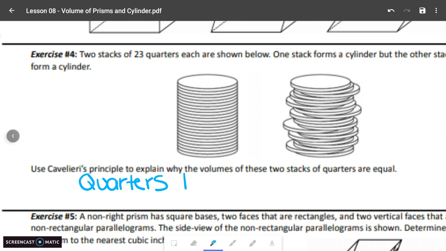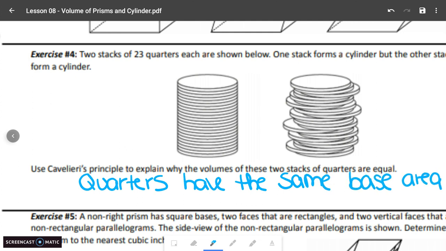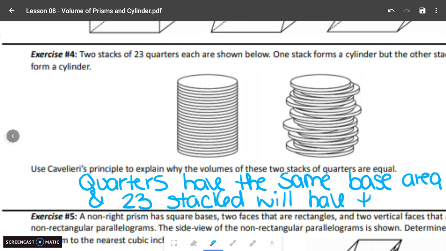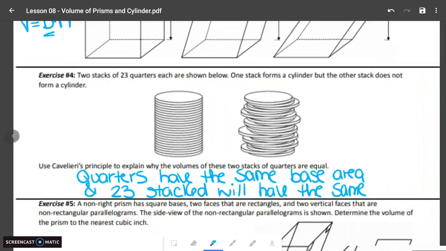Quarters have the same area and 23 stacked will have the same height. Basically, if you have the same area and the same height, you're going to have the same volume, okay, no matter what you do.